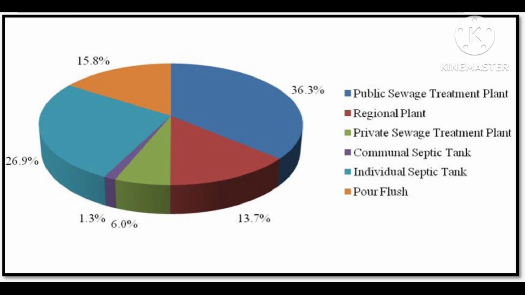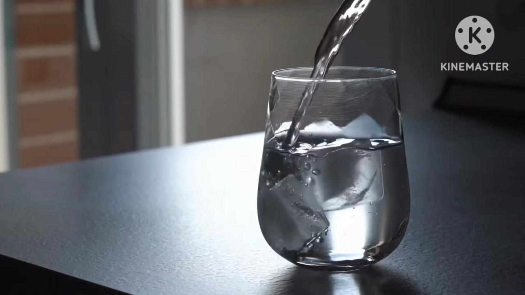The third highest is pool flush, which is 15.8%, followed by regional plant 13.7%, and the next one is private sewage treatment plant by 6%, and the smallest one is communal septic tank, which is 1.3%.